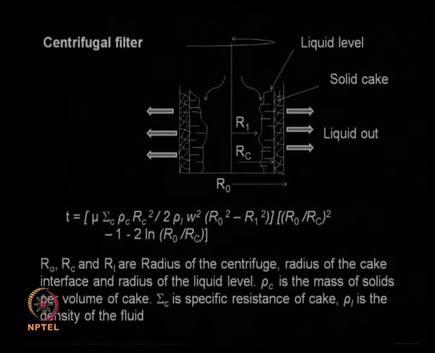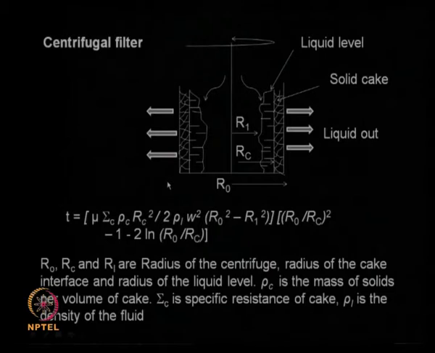So that is the main difference between the centrifugal filter and the flat bed filter. The time required to filter depends upon several parameters here, because it is a centrifuge. We have the angular velocity of the centrifuge, and several radii terms come into the picture.